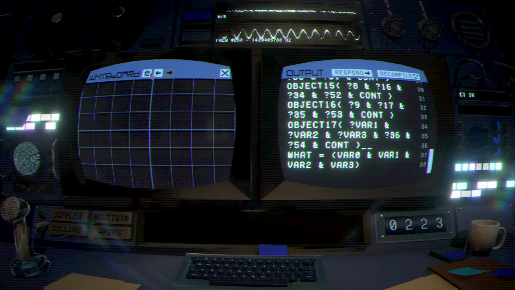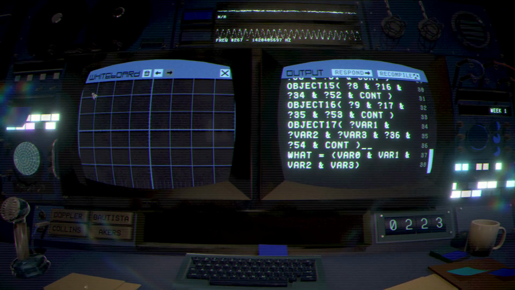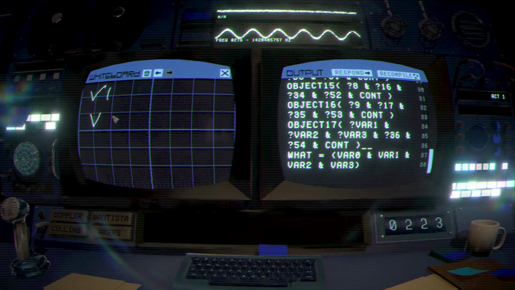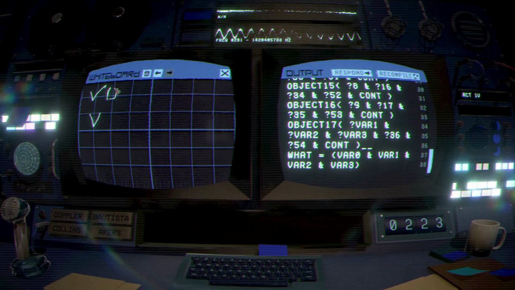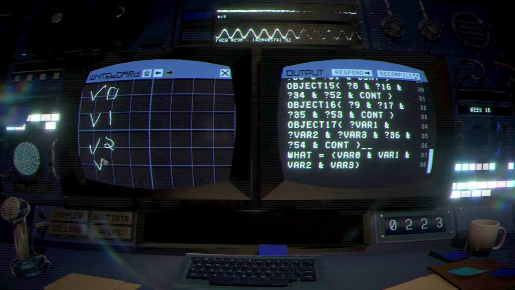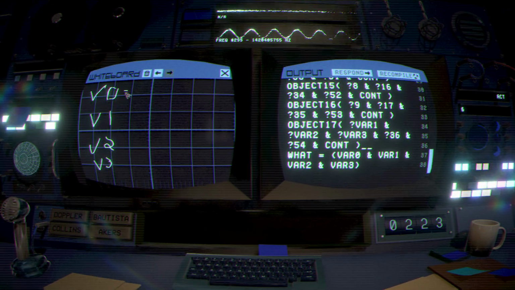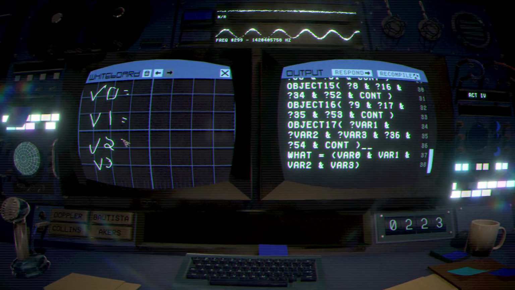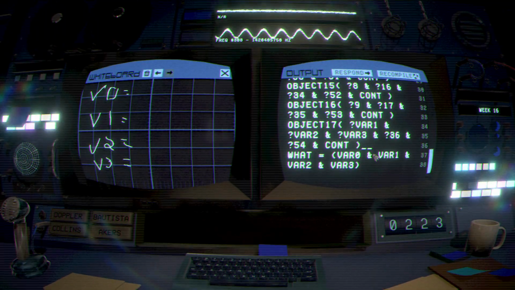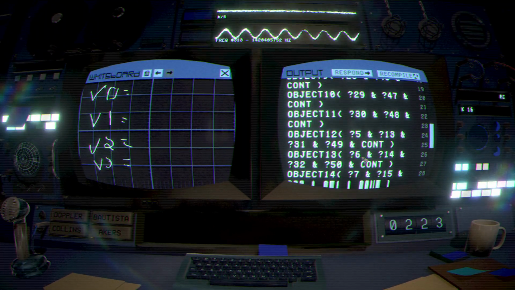Or whiteboard. So variable 1, variable 0, sorry. 1, 2, variable 3 equals. What is variable 0? Because I don't see that in here.